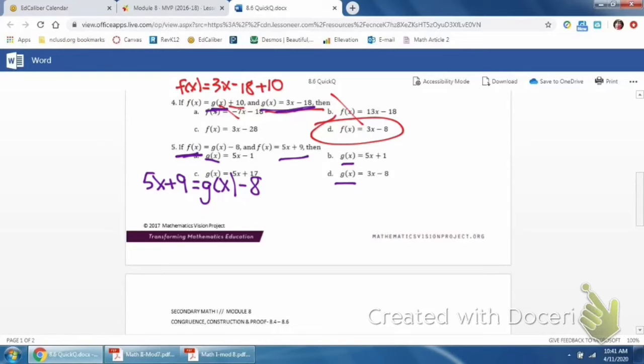So that means we need to get g of x by itself. So to do that, in this equation that we just wrote, we have to add 8 to both sides. So now g of x is going to be alone. So whatever we get on the left is going to be our answer. 5x plus 9 plus 8 should come out to 5x plus 17. In this case, it would be C. So number 5 should be C.